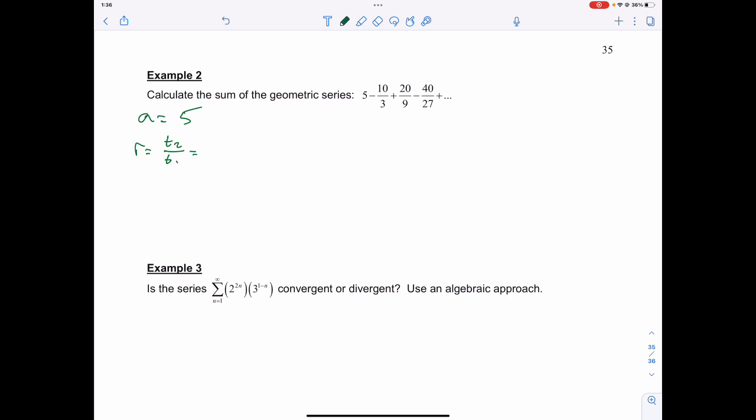In this case, we're going to say that that is -10 over 3 divided by 5, or -10 over 3 times 1 over 5, which is going to give us -10 over 15, or just negative 2 over 3.